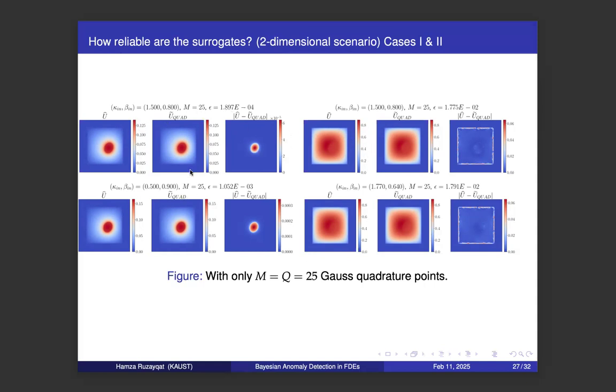And we can see for two different problems in case 1 and case 2 that the error epsilon is, for example, on the order of 10 to minus 4 here, 10 to minus 3 here, and 10 to minus 2 here.